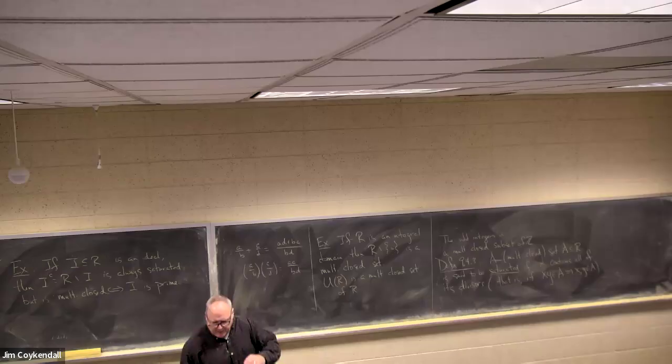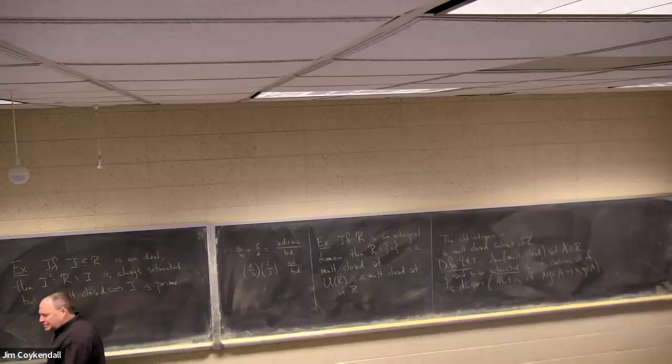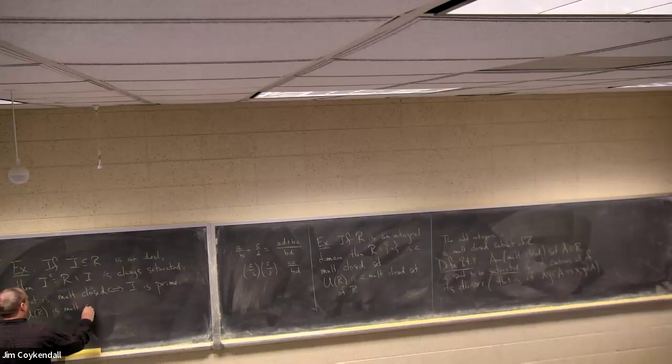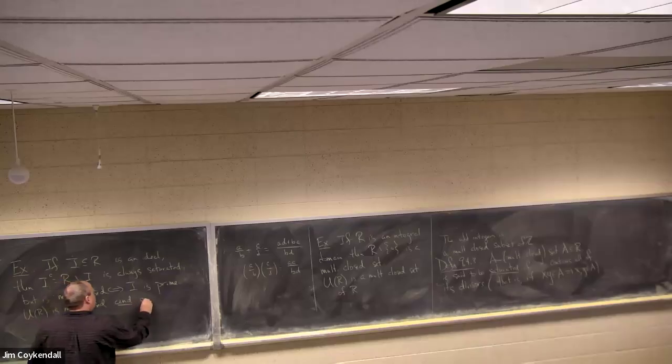So if you look at the complement of an ideal, this is always a saturated set. But it's only multiplicatively closed if the ideal is prime. The units of R is multiplicatively closed and saturated. Anything that divides a unit must be a unit as well.